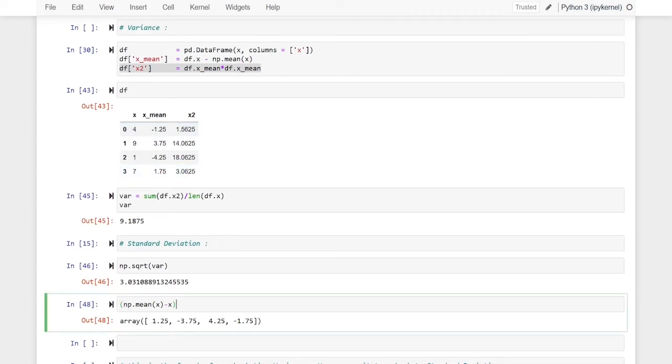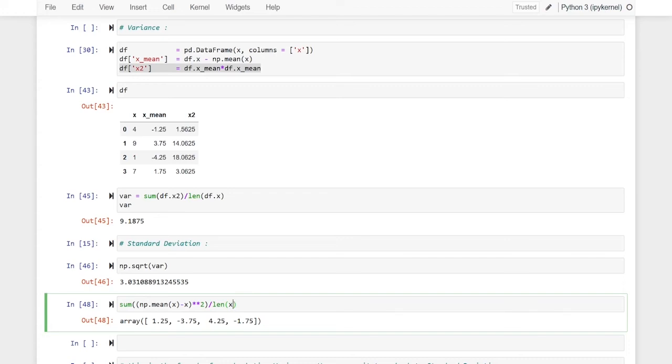We have to square all the numbers, right? We will get this. Good. Then we will use summation. We did summation. Okay. Then we will divide it by 4, that is the length of X, the count of X.